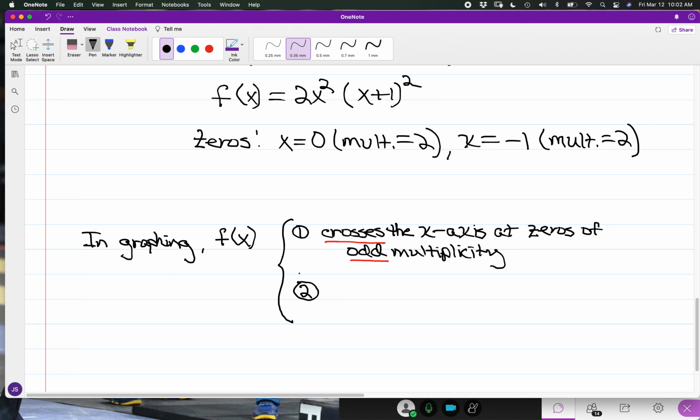Now for the other zeros, f of x is going to, instead of crossing, just touch or bounce off the x-axis. So it's going to touch the x-axis at zeros of even multiplicity.